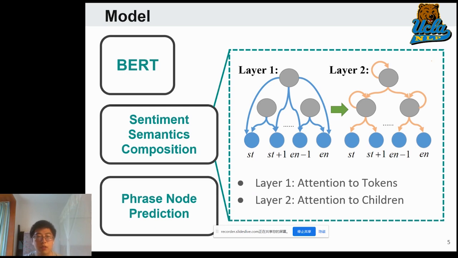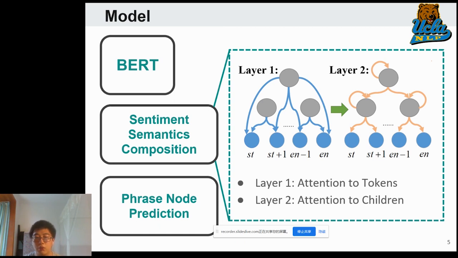Specifically, the attention network in the second module consists of two layers. The first attention layer generates phrase representation by capturing the semantics of the tokens it covers. In particular, the phrase representation is a linear combination of the token vectors it covers, and the weights are derived from the attention mechanism.